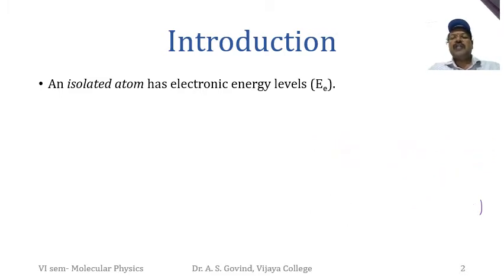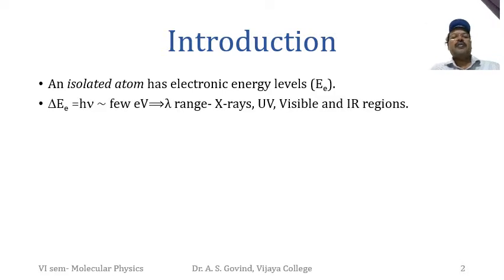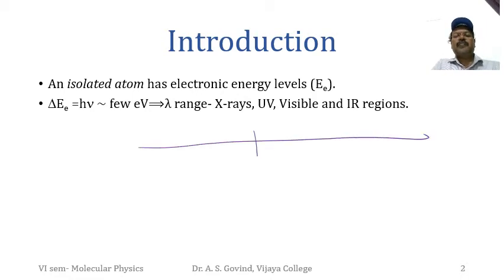So now that is the next point you have to remember. The difference in energies are few electron volt, and whenever there is a transition between that, the wavelengths emitted could be X-rays, ultraviolet, visible and infrared regions. So remember the order of the spectrum. So in the electromagnetic spectrum, you have one part violet to red.